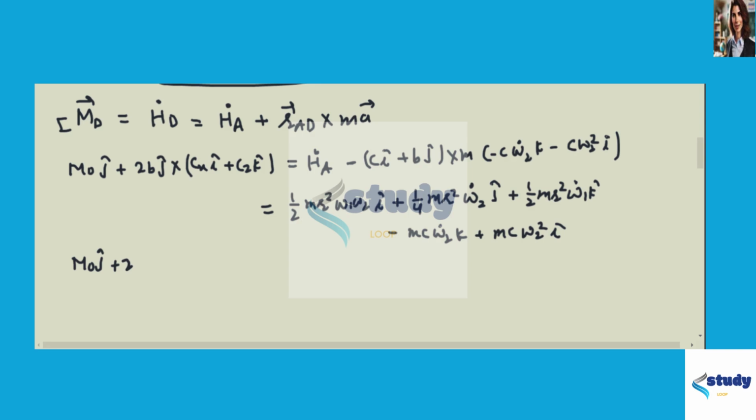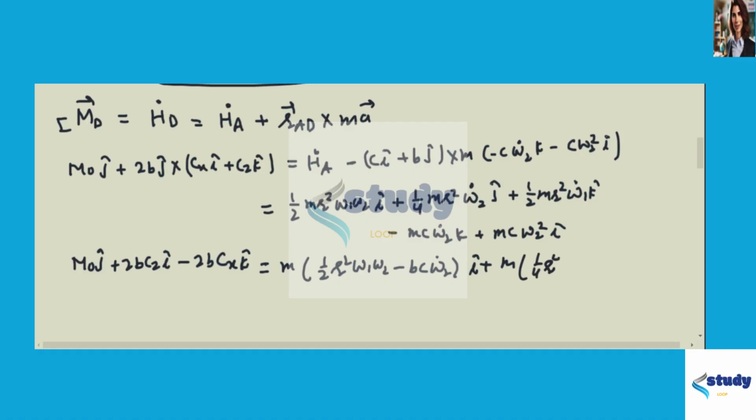So this can be written as 2b Cz i cap minus 2b Cx k cap. 2b m you can take common: half r square omega 1 omega 2 minus bc rate of change of omega 2 i cap, plus m 1 by 4 r to the power 4 plus c square rate of change of omega 2 j cap, plus m half r square rate of change of omega 1 plus bc omega 2 square k cap.